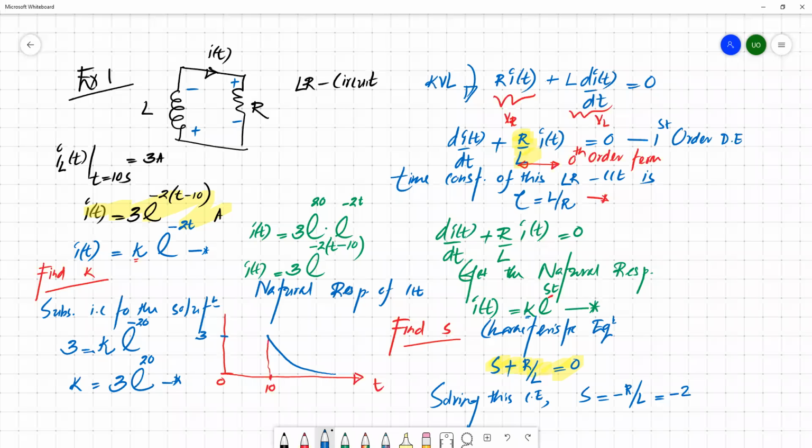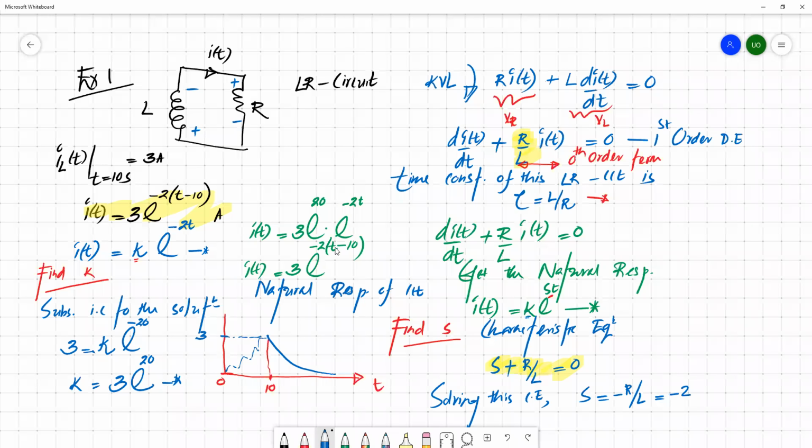It may be like this, or it may be like this. We don't know anything about that, but we know the behavior of the circuit after 10 seconds exactly. It follows 3 e to the power minus 2 times t minus 10.